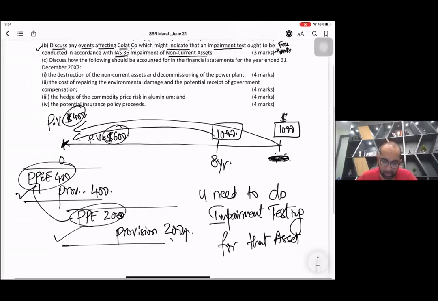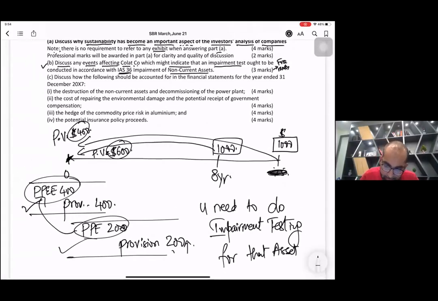Let me check the requirement. Discuss how the following should be accounted for in the financial statements: the destruction of non-current assets and decommissioning of the power plant. Another 4 marks. Believe me, whatever I've discussed is the solution.